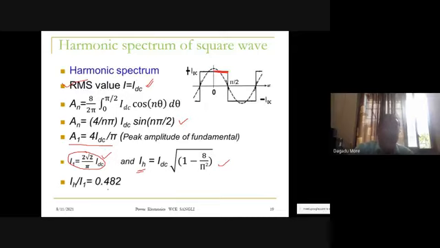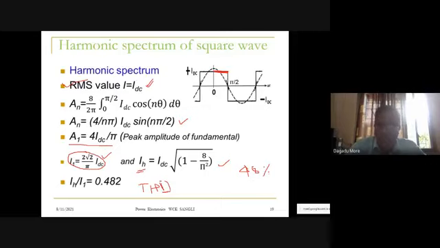Then IH by I1 gives 0.48, which is our THD. THD multiplied by 100 gives the total percentage harmonic distortion. So a square waveform contains 48% THD. Is it clear?